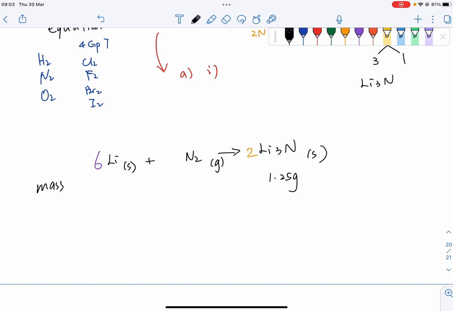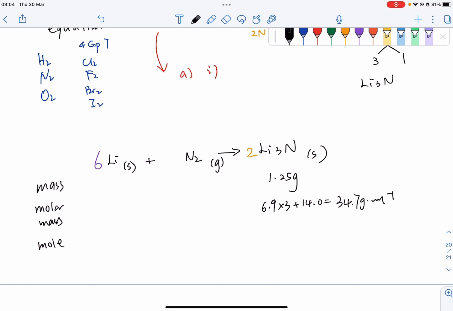Simply calculate the moles, right? Molar mass, right? And here, what should be the molar mass for lithium nitride? We have 6.9 times 3 plus 14.0. The answer should be 34.7 gram per mole, right?